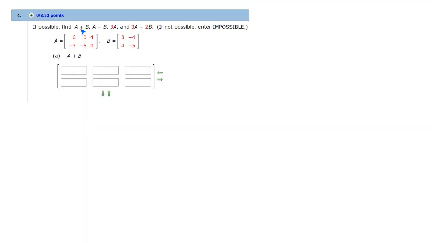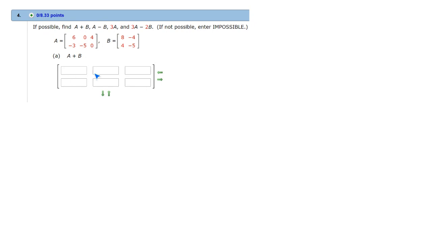If possible, find A plus B, A minus B, 3 times A, and 3A minus 2B. One of the common questions I get asked a lot in chapter 8 is that if people multiply matrices, they don't have enough spaces here. So these green arrows will control how many rows and how many columns will appear for you here.